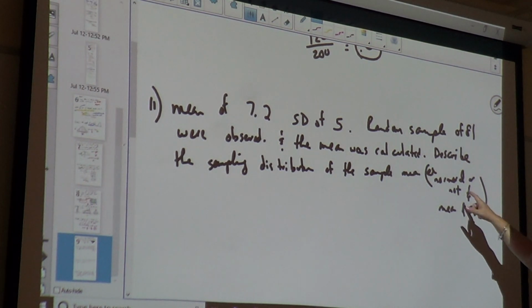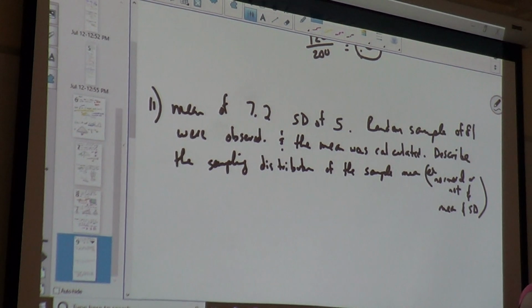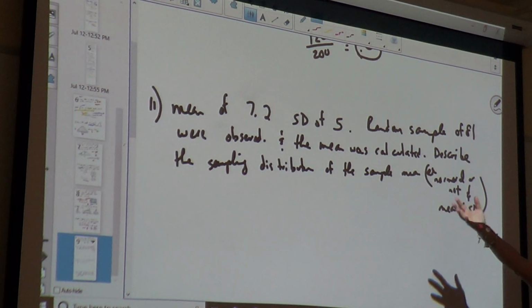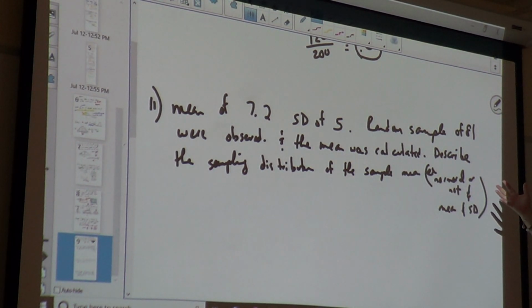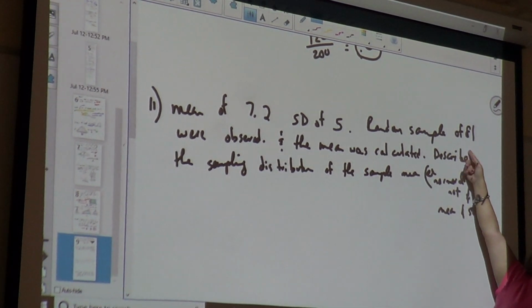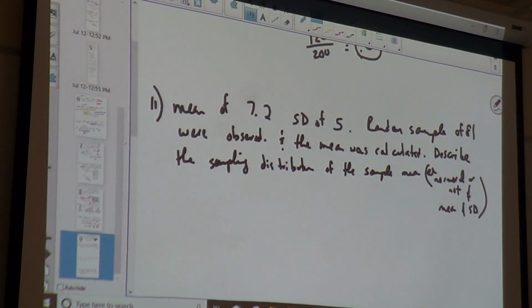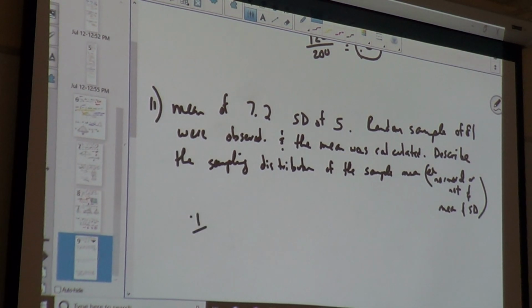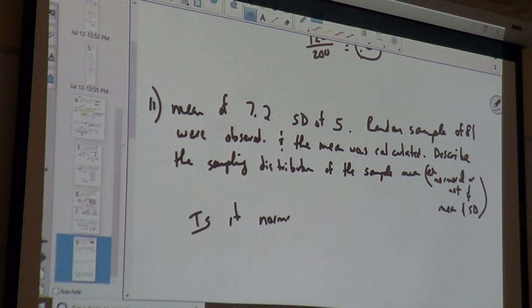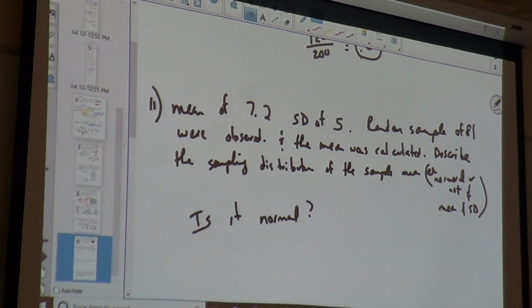In order for it to be normal, there's 2 ways to figure out if it's normal. There's a way if it's a P, and there's a way if it's an N. If it's a P, you've got to do those 2 formulas. If it's an N, it's got to be a certain number. Is this a P or is this an N? This is an N. What does our N equal? 81.